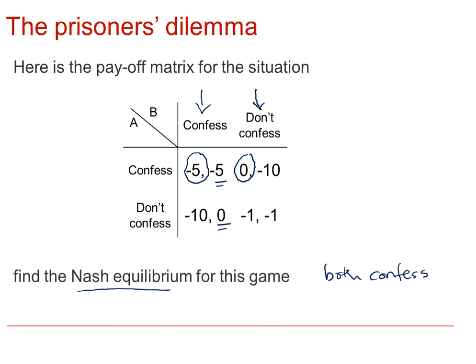So it's a stable solution, because if either knew the other would confess, they would not change their strategy. But we need to note it is not the best mutual outcome. This here, 1 year each, would be the best mutual outcome. And so that's rather interesting.